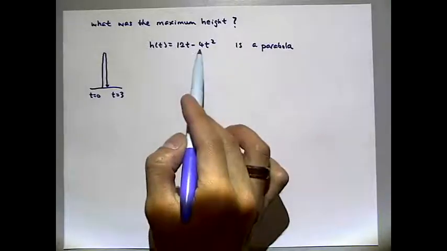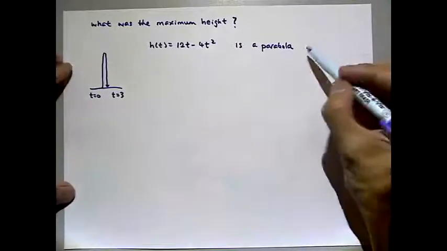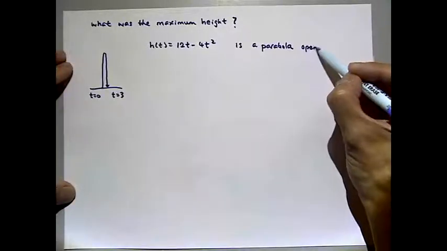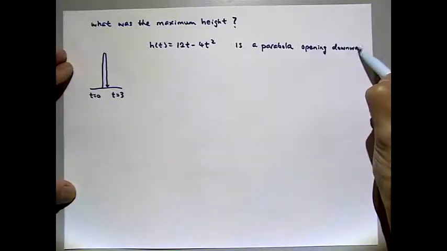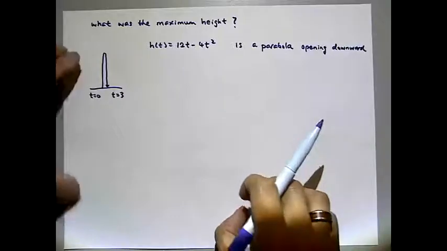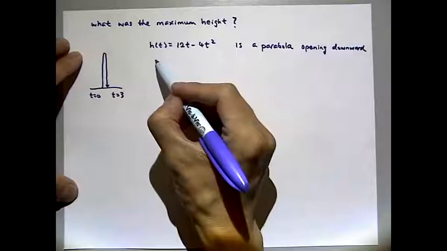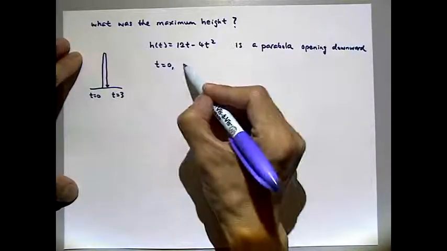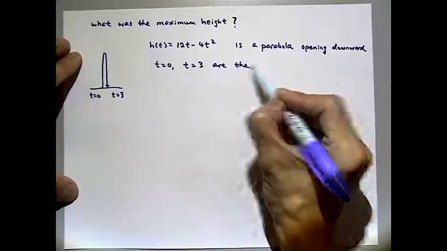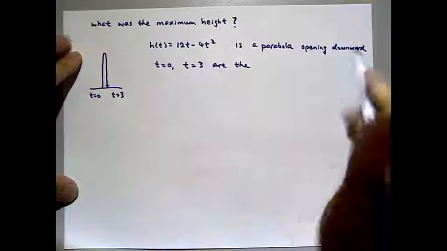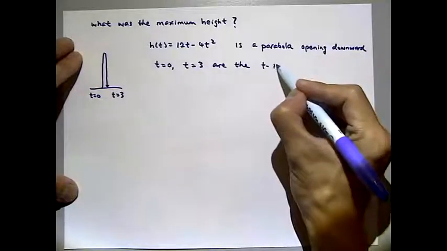The negative coefficient tells me it opens downward. And t equal to 0 and t equal to 3 are, in terms of the picture behind that, the t-intercepts.